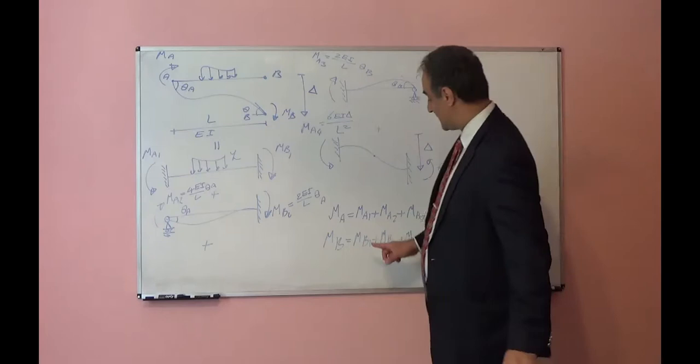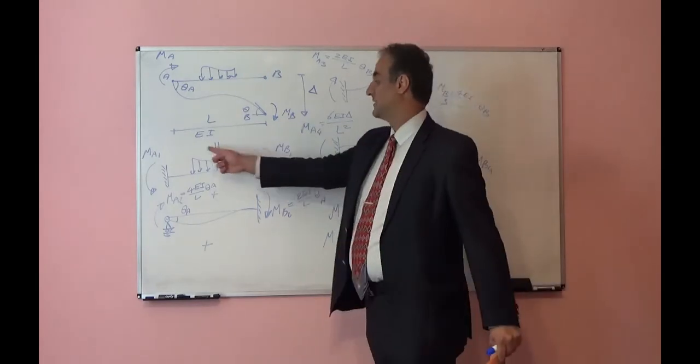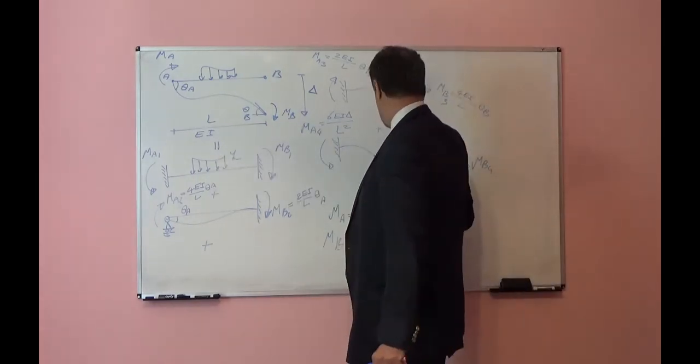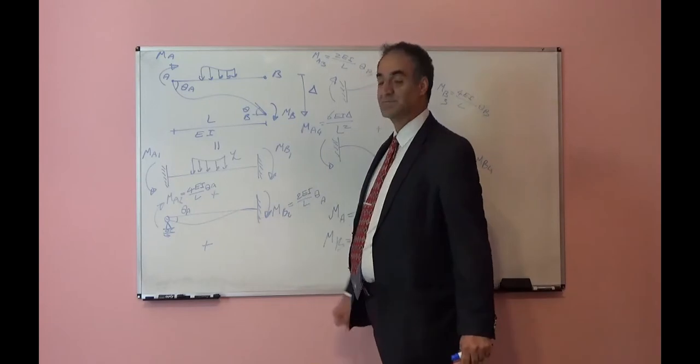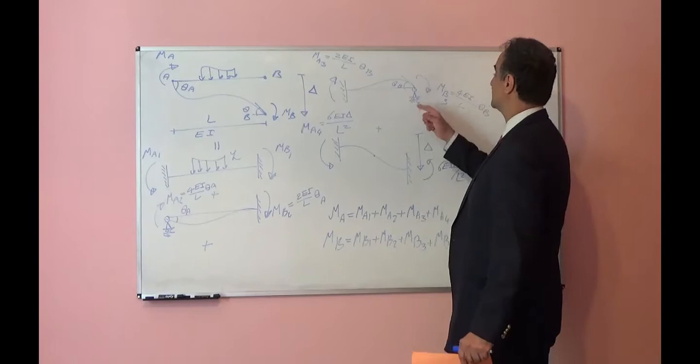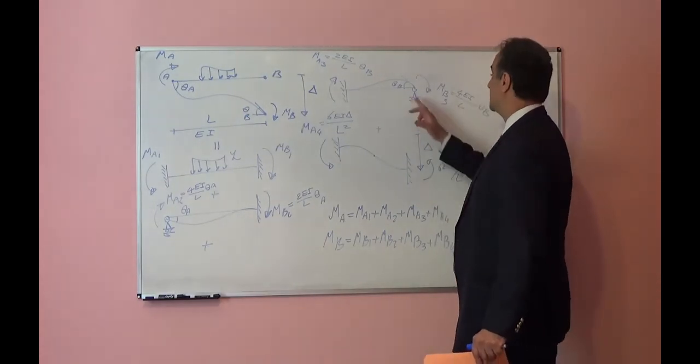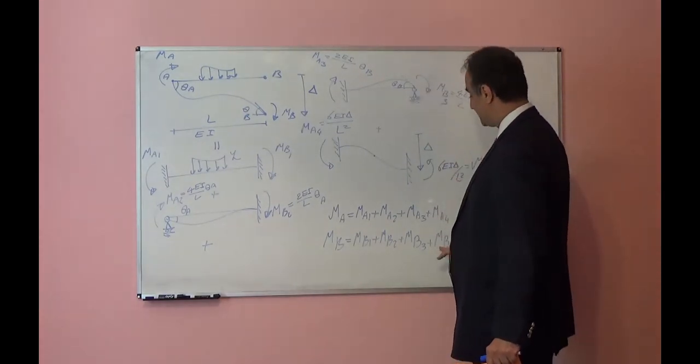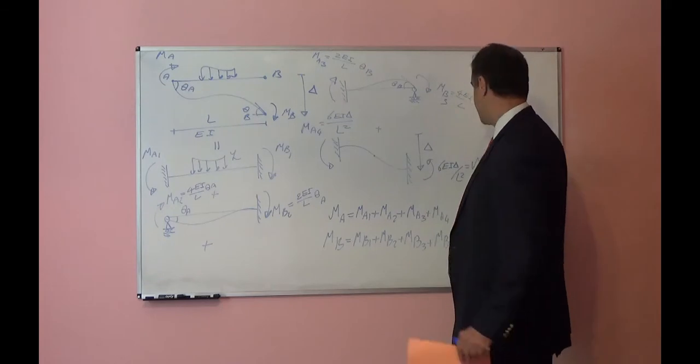So MA1 and MB1 are because of external load. MA2, MB2 are because of rotation at node A. 3 is because of rotation at node B, and 4 is because of lateral deflection.